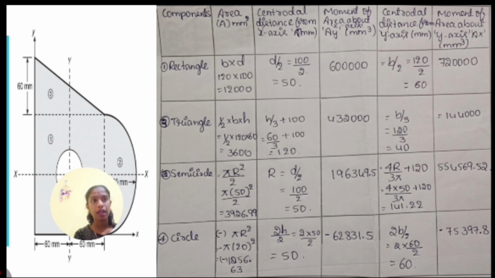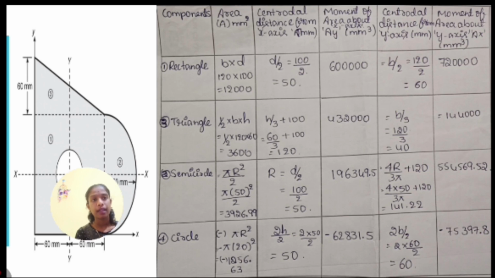And next we have to calculate the moment of area about the x-axis, that is ay in millimeter cube. Moment of area equals area into centroidal distance. So area is 12,000 and centroidal distance is 50. 12,000 into 50 we get 6,00,000.